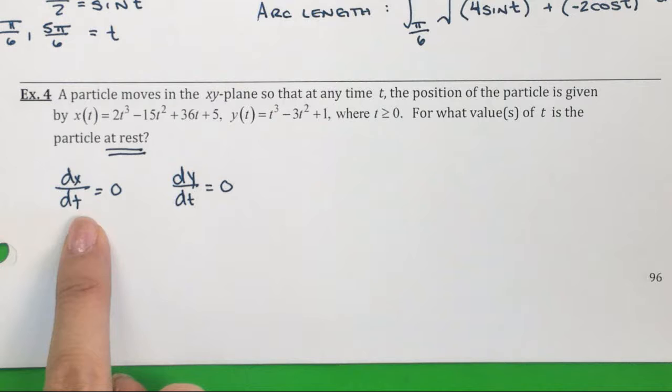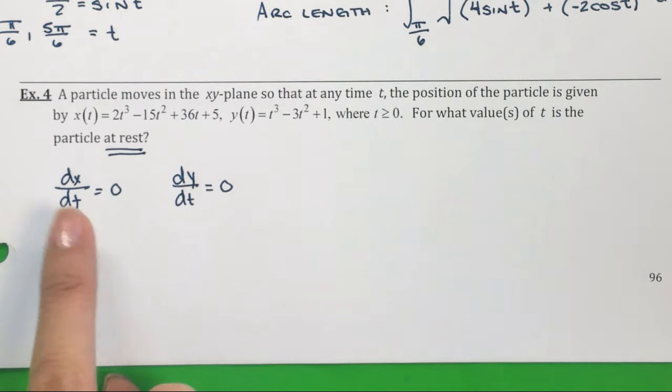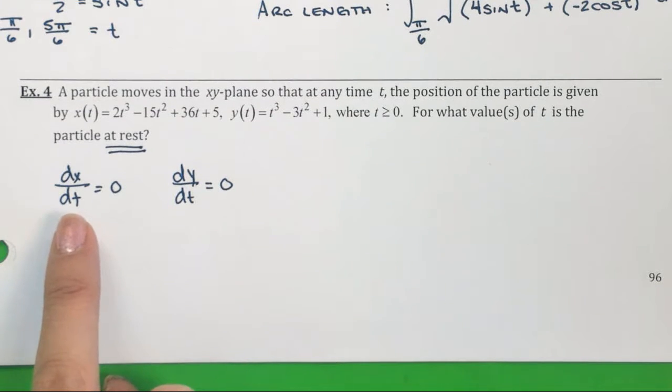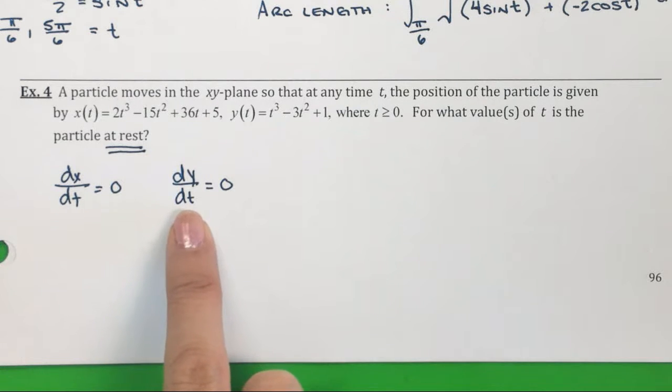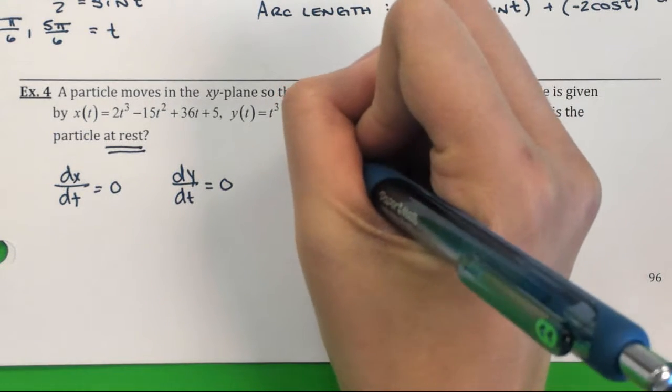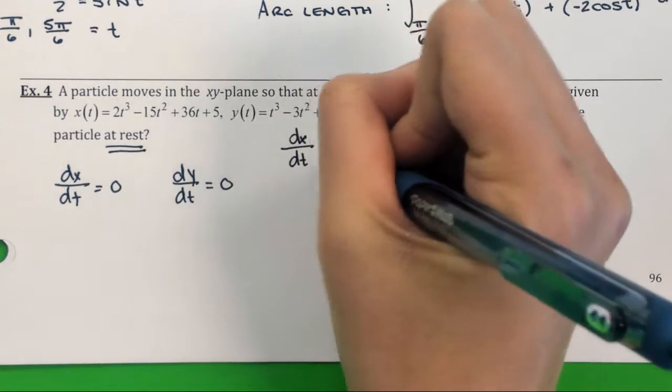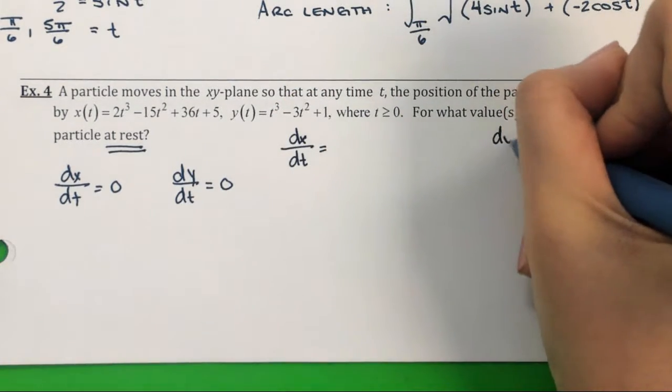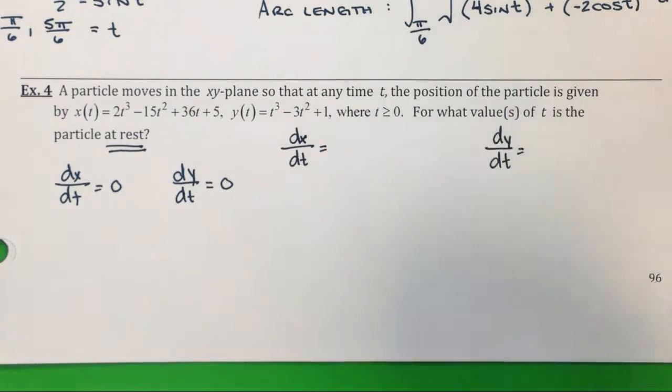If dx/dt does not equal 0, then it's moving in the x direction, and if dy/dt does not equal 0, then it's moving in the y direction. So I want you to find dx/dt and dy/dt, set them equal to 0, and solve for your t values.